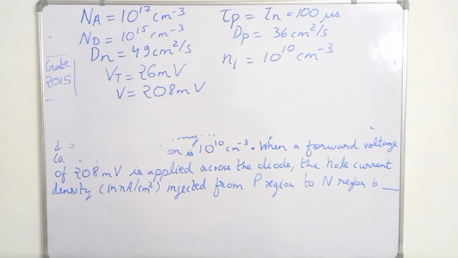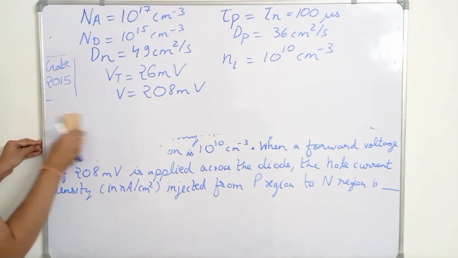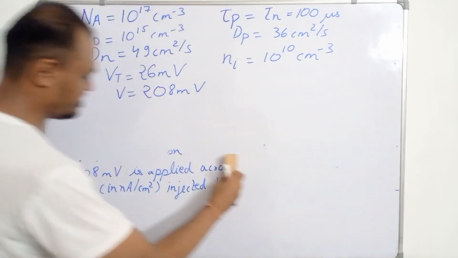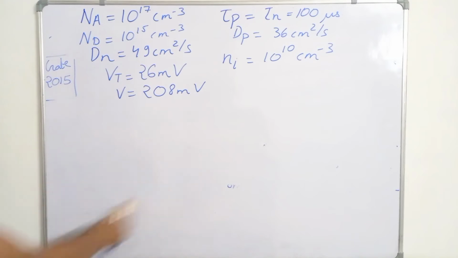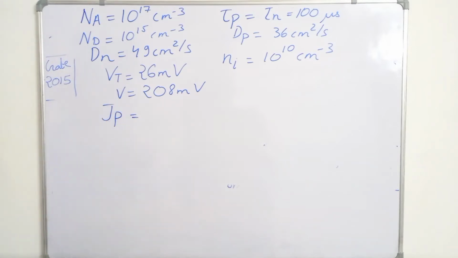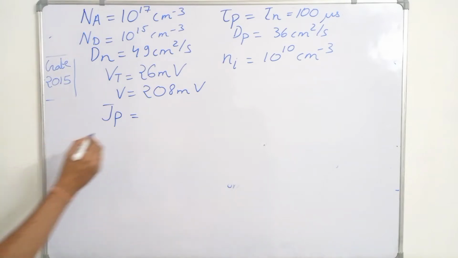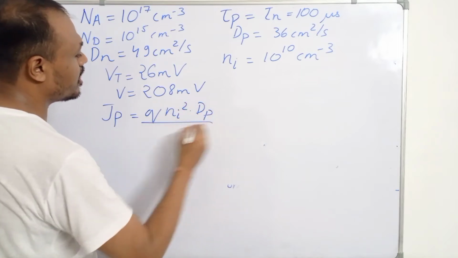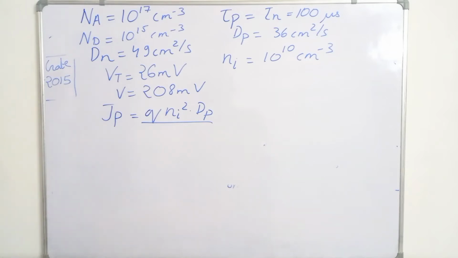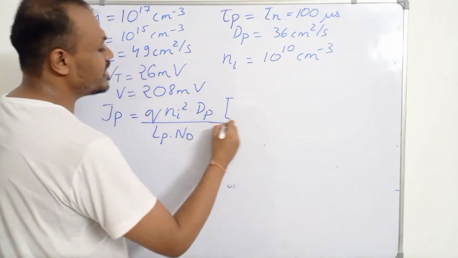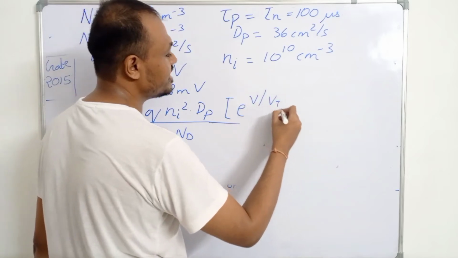So the formula for injected current due to holes moving from P region to N region is Jp equal to q into ni square dot Dp upon Lp dot Nd, and the numerator is multiplied by e to the power V upon Vt minus 1.